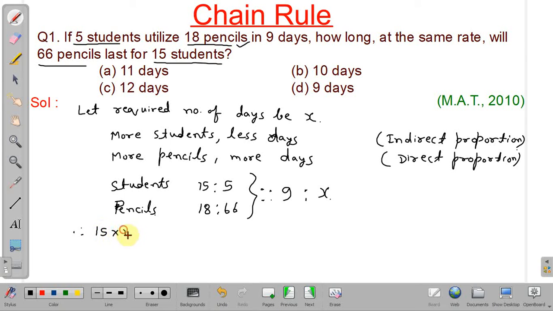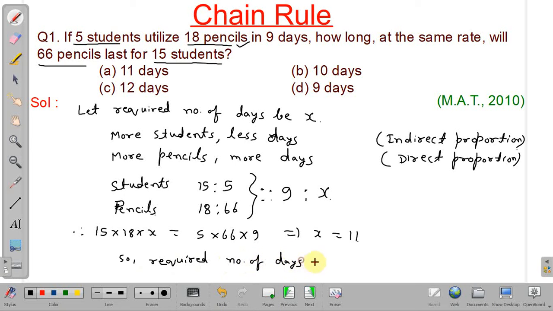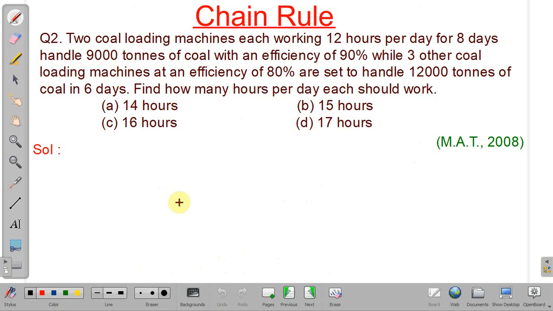So 15 into 18 into x will be equal to 5 into 66 into 9, and solving this we will get x equal to 11. So required number of days is 11. So our answer will be option number A. We will discuss next problem.